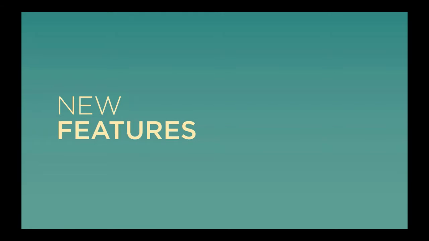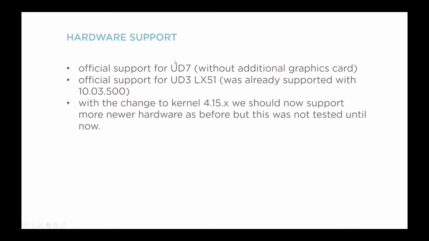So new features. We support our new UD7 IGEL thin client, in this stage without the additional graphics card, and the cool thing about the UD7 is that it can do 2 4K displays at 60 Hertz, and I think one 4K screen additionally at 30 Hertz.